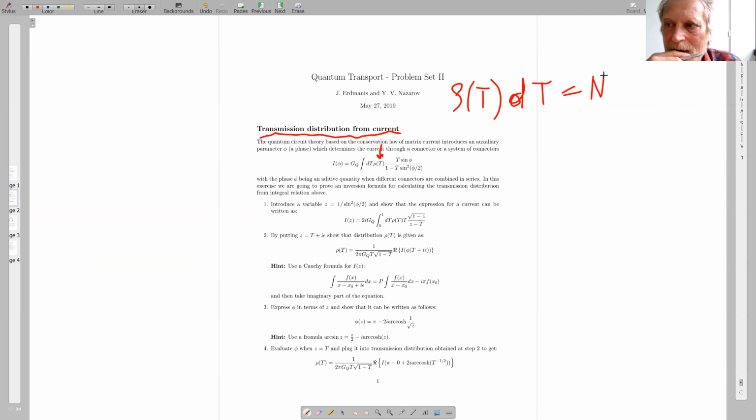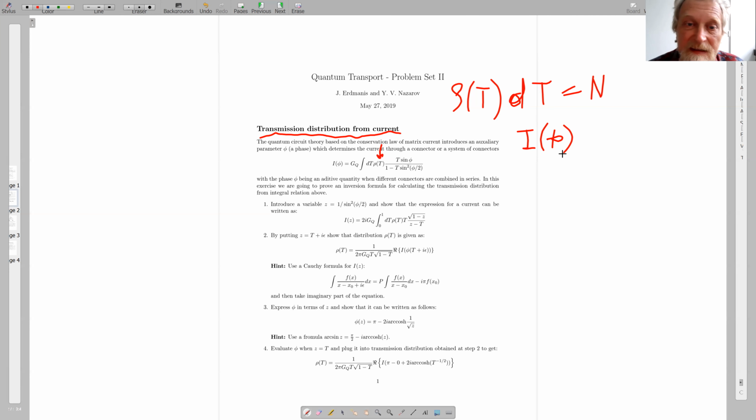Fine. And when we built up circuit theory, we compute currents. These currents are not electric, they're completely auxiliary, just for exercise with the theory. And these currents depend on a parameter which is called phase phi.